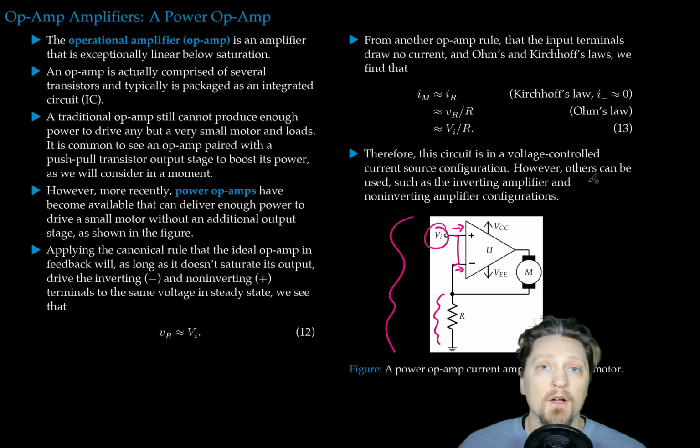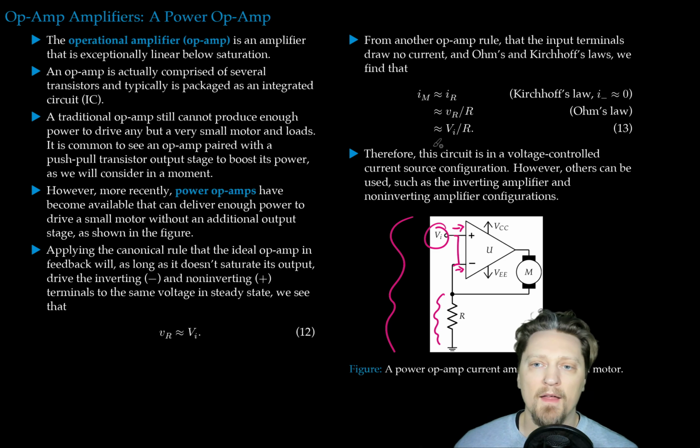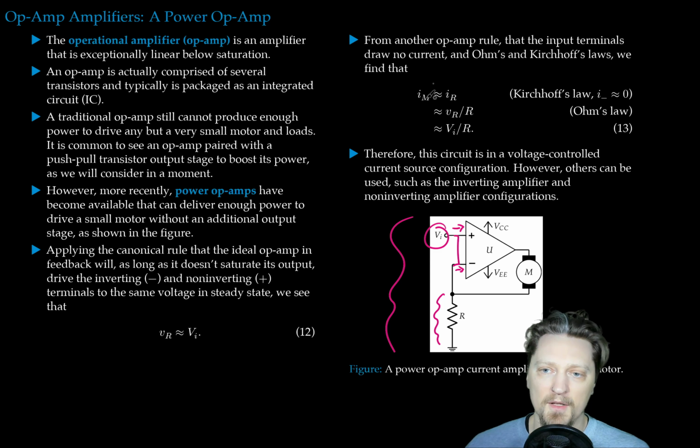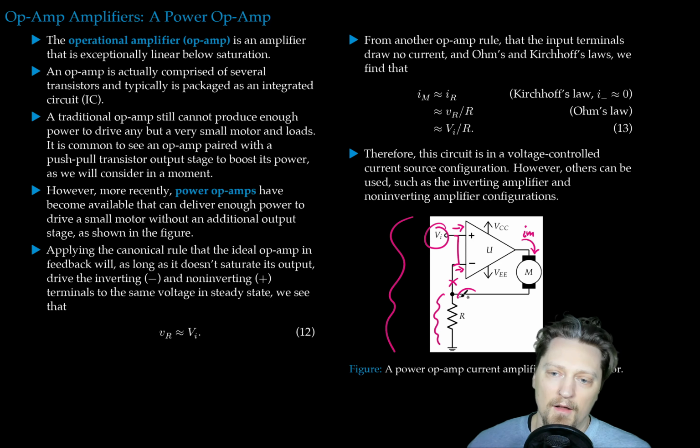And from Ohm's and Kirchhoff's laws, we find that IM is approximately equal to IR. So here's the motor current IM. Since there's really no current flowing that way, all of that motor current has to flow through the resistor. So IM equals IR approximately. And VR over R is Ohm's law for a resistor.